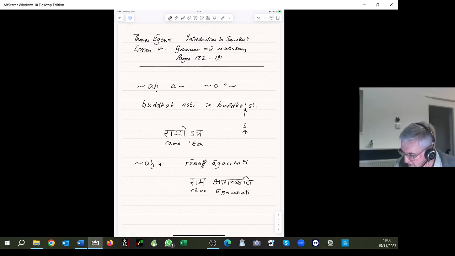Do not apply sandhi now in between these two words because the sandhi has already been applied there. And remember, write the second word with its full vowel symbol. If it starts with the vowel a, Rama agacchati, write it with its full a.